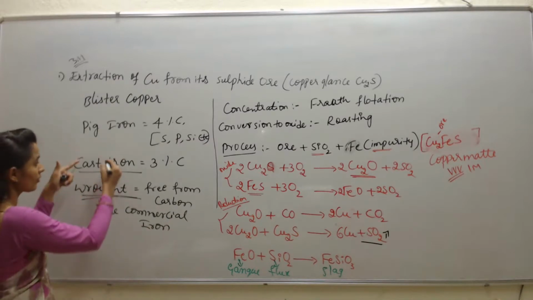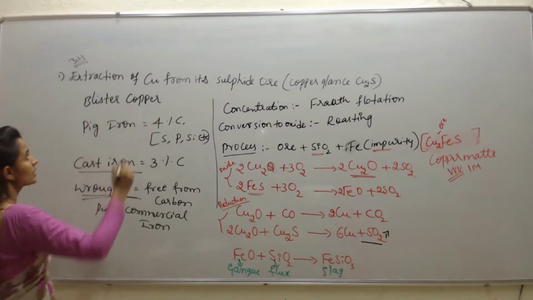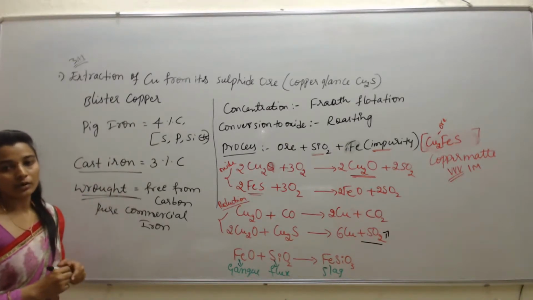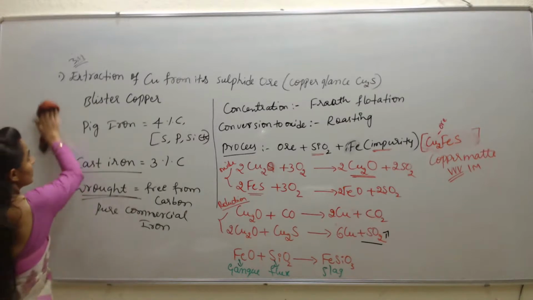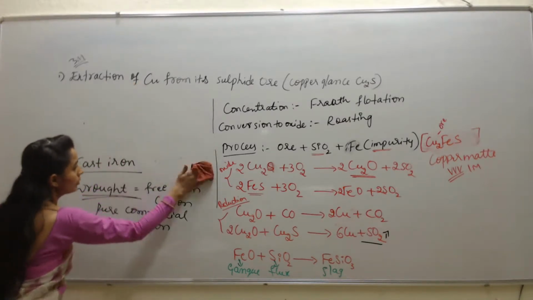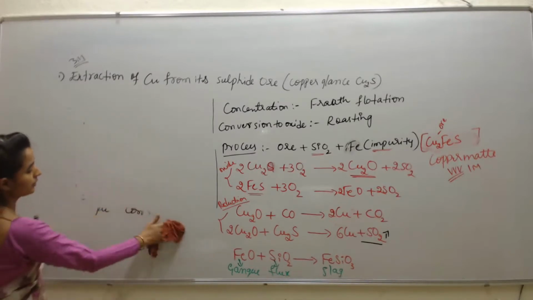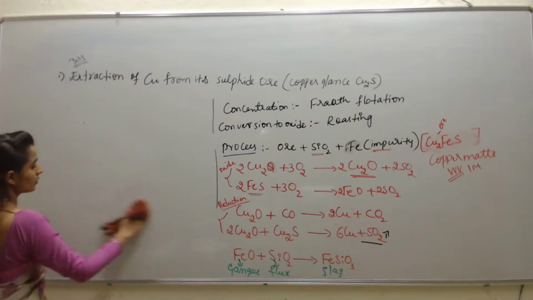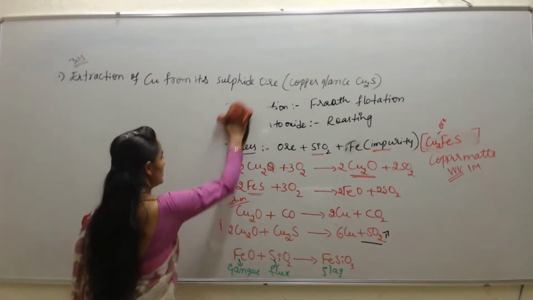So these are all important for one mark: what is pig iron, what is cast iron, what is wrought iron, and what is blister copper. Okay, so this is all about the extraction of copper from its sulfide ore. So in the examination, you have to write only those. Okay, so this is also important for 3 marks, students.